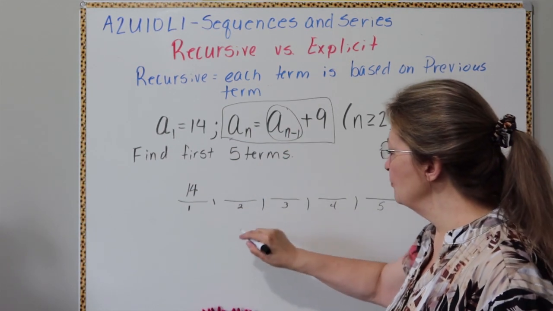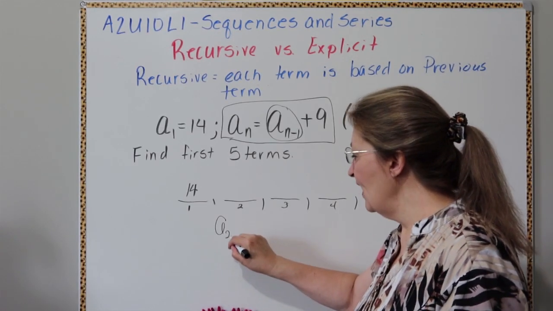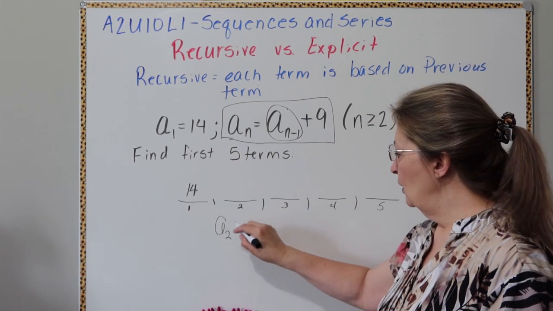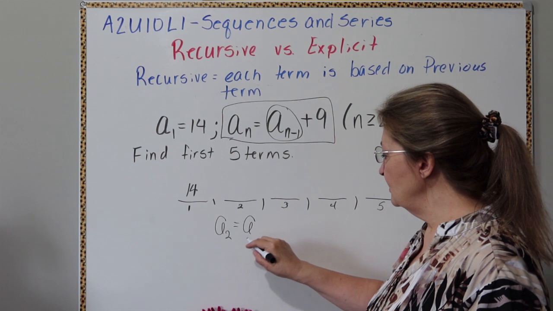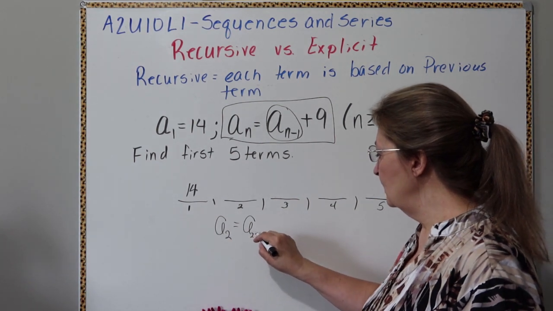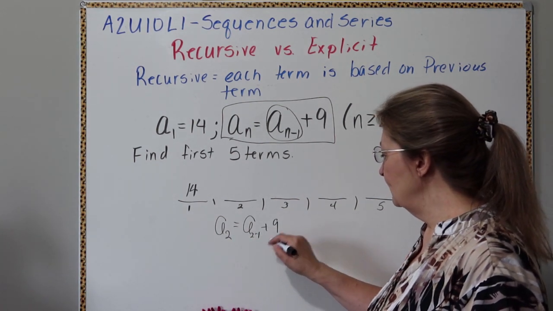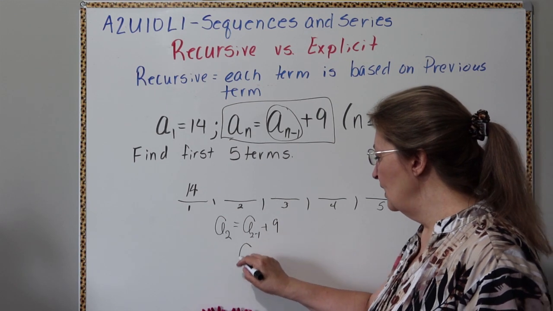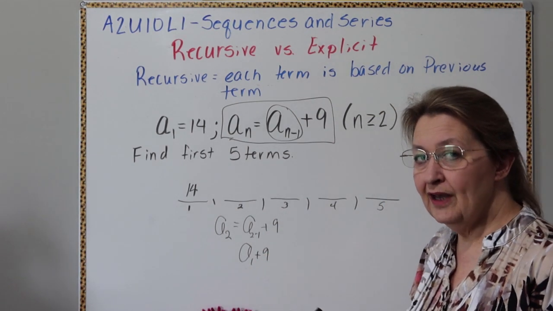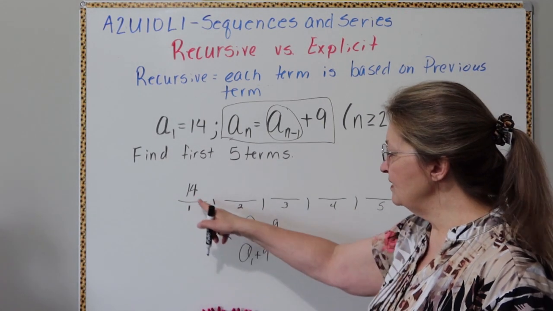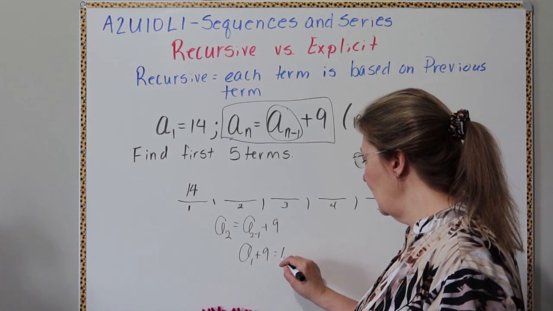So if I take this rule, I want to find A2. Well, if 2 is now my N, my formula says A to the 2 minus 1 plus 9. All right, what's 2 minus 1? So A1 plus 9 is my rule. Now I can substitute. What is A1? I have a value for that.